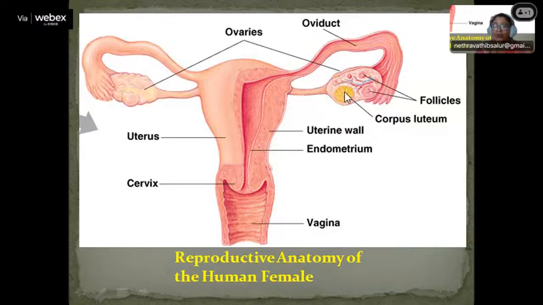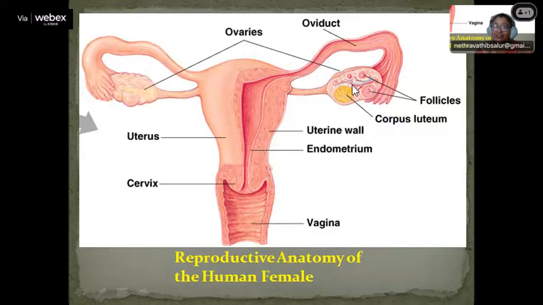In addition to that, we also have the accessory ducts. The accessory ducts are the oviduct, which is also called the fallopian tube, and the uterus. So these form the accessory ducts.